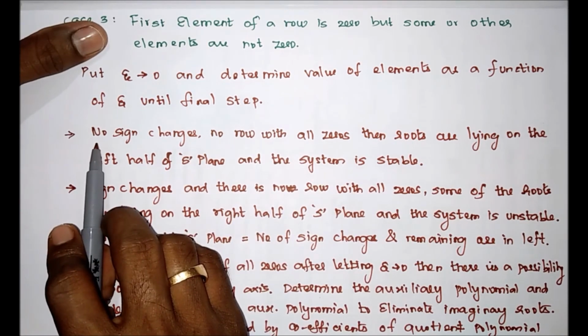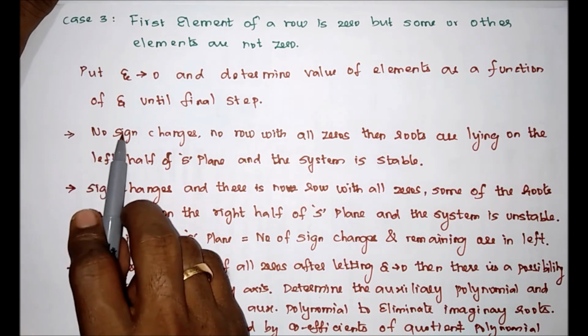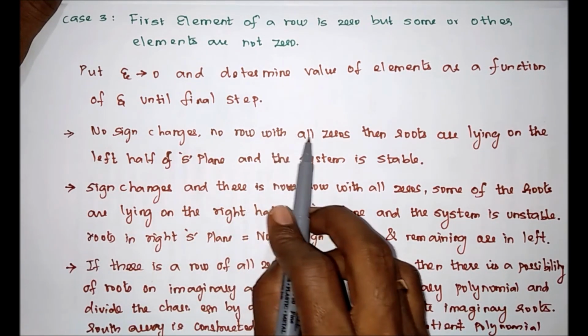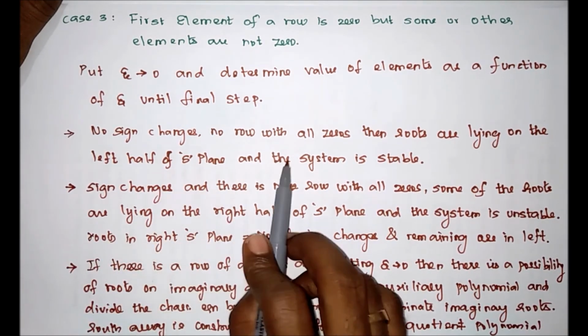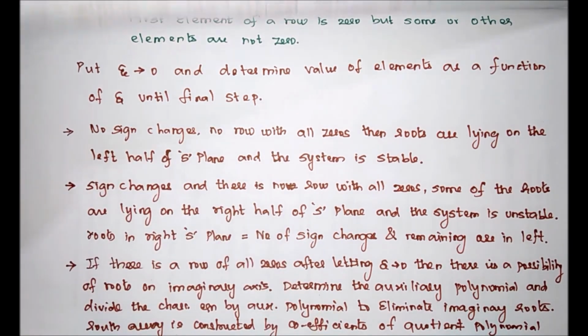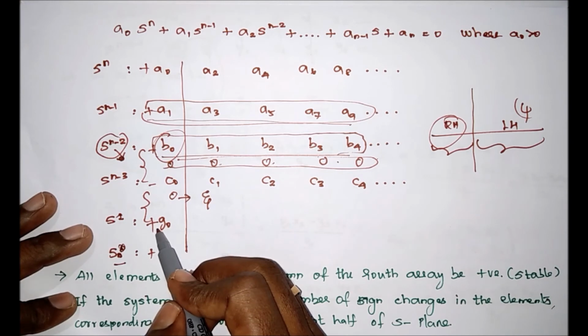If it proceeds like case 1 with no sign changes and no row with all zeros, then the roots are lying on the left half of the S plane and the system is stable. After putting epsilon equal to 0, we calculate the values using case 1.